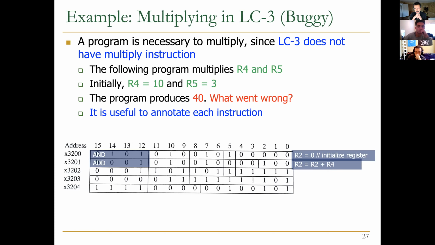So we first add R4 to R2, meaning we add R4 one time. Then we change the value of R5. We reduce the value of R5 by one, meaning that we did this calculation one time, and we need to repeat that how many times? 3 times, okay?